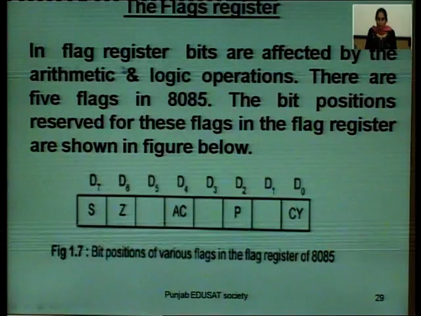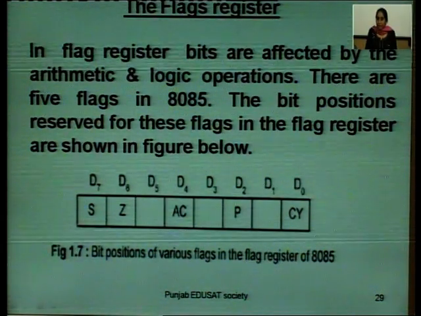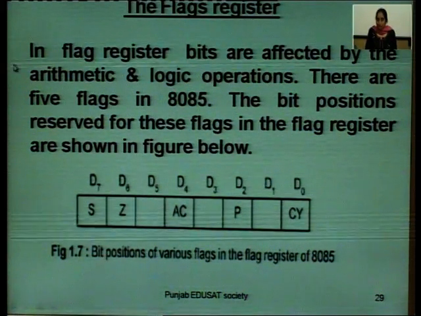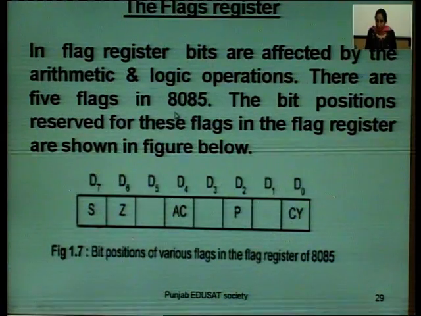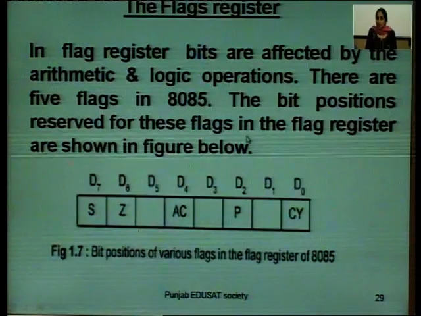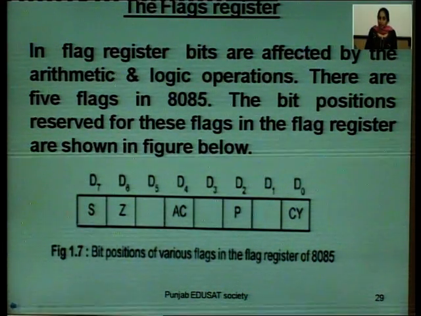Flag register. In flag register, bits are affected by the arithmetic and logic operations. There are 5 flags in 8085. The bit positions reserved for these flags in the flag register are shown in the figure below.